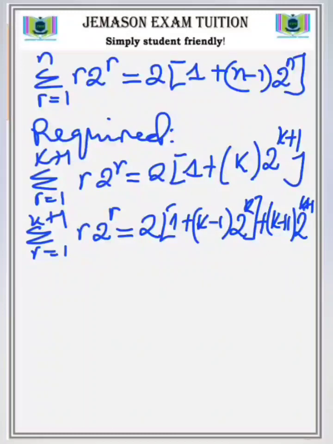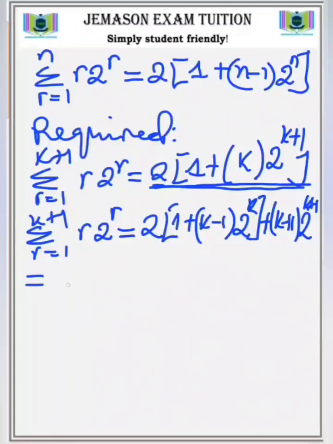In the next step, we would have to be very strategic in order to get the proof. That is why it is important to always write the requirement. We wrote this requirement that it should guide us in order to move from this complicated statement into that one, so that we can be able to conclude that the statement is true for the case where n equals k plus 1. So I will begin by factorizing 2 from the right hand side of that statement. It has 2 terms, this one and this one. So when I factorize 2, I will need to divide each of those terms by 2 to know what I will write inside the bracket.